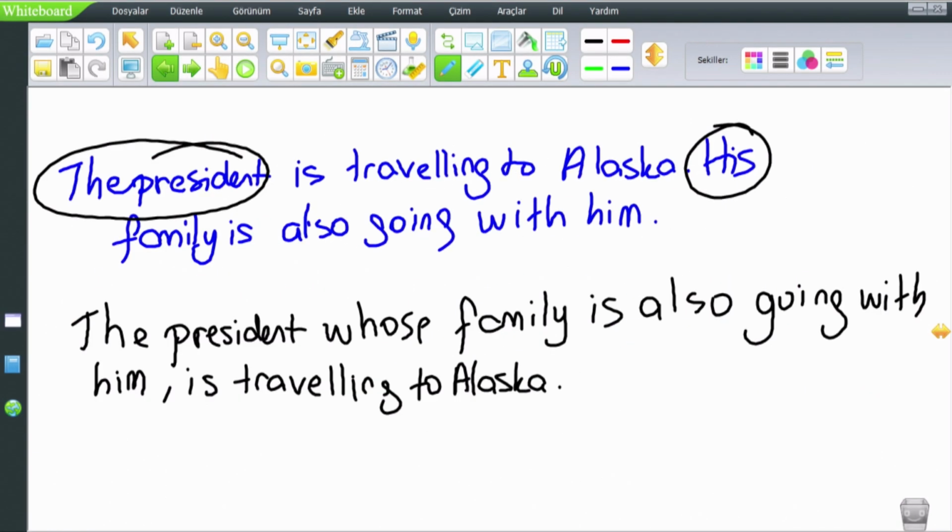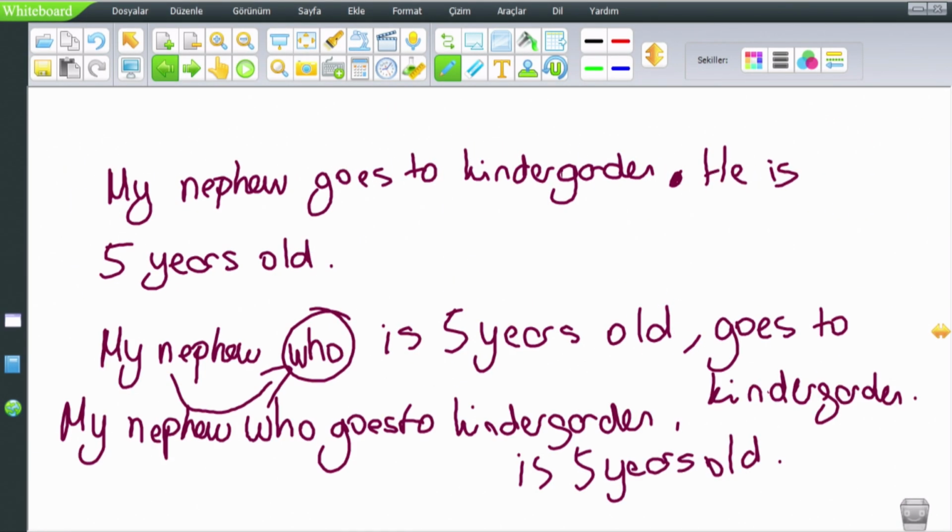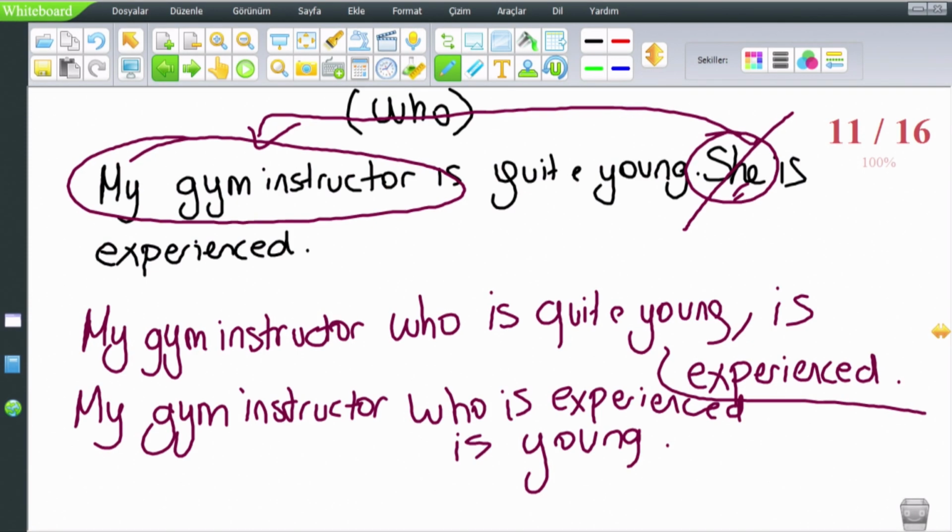Okay, let's review who and whose. We said that we define people when we are using the relative pronoun who. My gym instructor is quite young. She is experienced. My gym instructor, who is quite young, is experienced. Or I can say my gym instructor, who is experienced, is young.